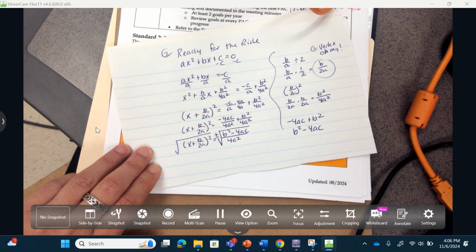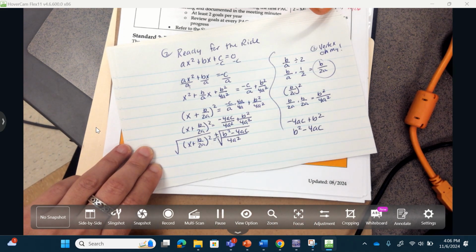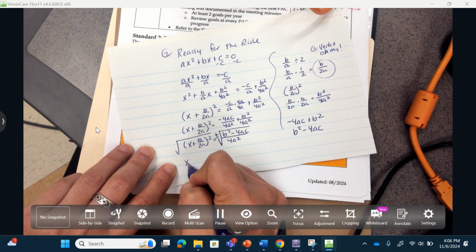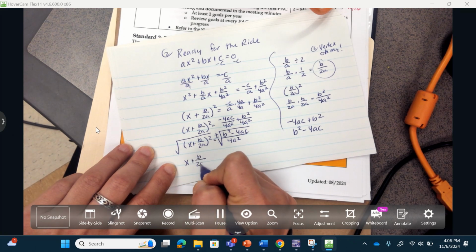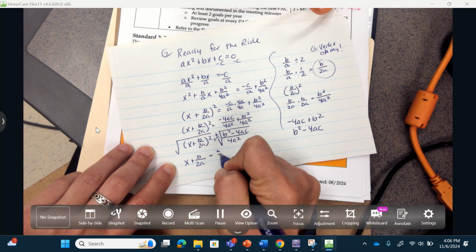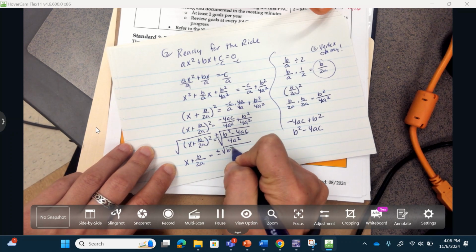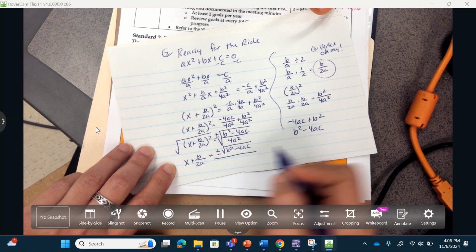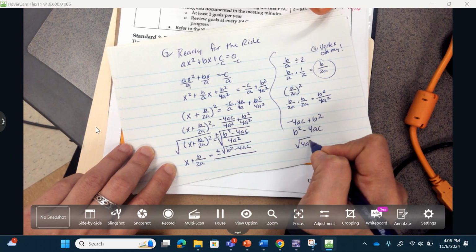And this will be plus or minus. And you can really start to see the quadratic formula start to shape up. Over here, square rooting a square means that we are left with x plus b over 2a. Over here, I cannot do much of anything with the numerator, but I can take the square root of 4a squared.